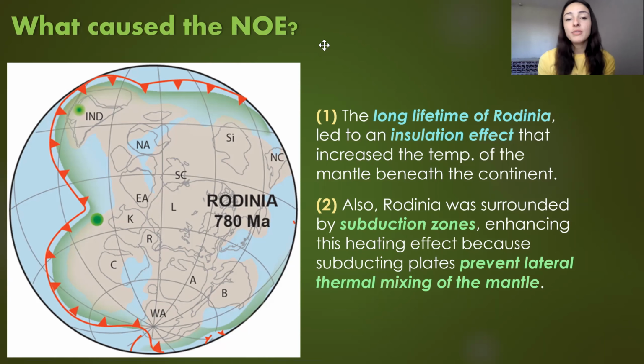The long lifetime of Rodinia led to an insulation effect that increased the temperature of the mantle beneath the supercontinent. And in addition, Rodinia was also surrounded by subduction zones, where a plate of oceanic crust subducts under the continental crust. And these subduction zones enhanced the heating effect of the mantle underneath the supercontinent, because the subducting plates prevent lateral thermal mixing of the mantle.